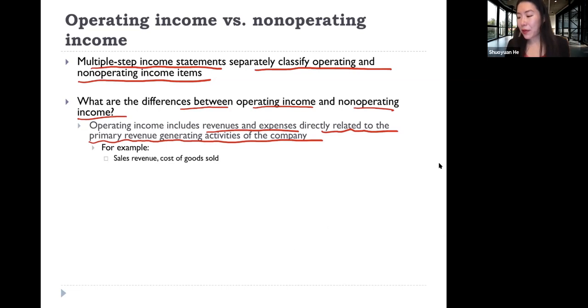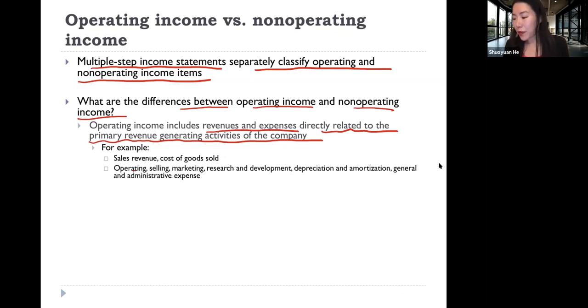For example, sales revenue and cost of goods sold are the most directly related to the primary revenue generating activity of the company. Those are the two items most closely related.